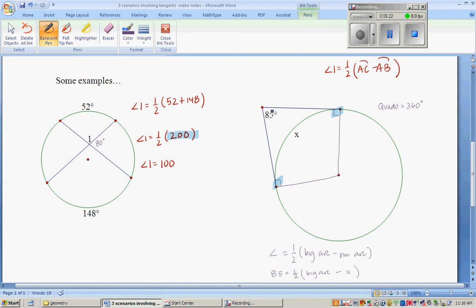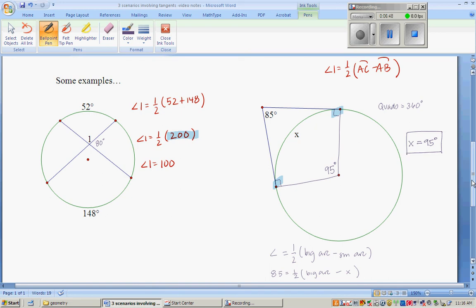So if this is 85, what should this be? If you answered 95, you're correct. And if the central angle is 95, then its arc, x, is also 95. We're going to do it in class the long way using the method above, and you'll choose which one you like best.